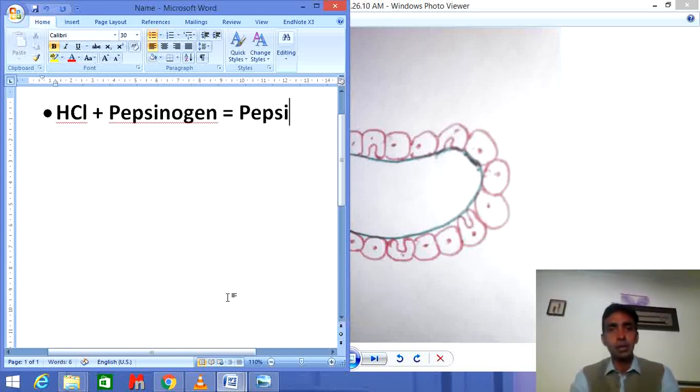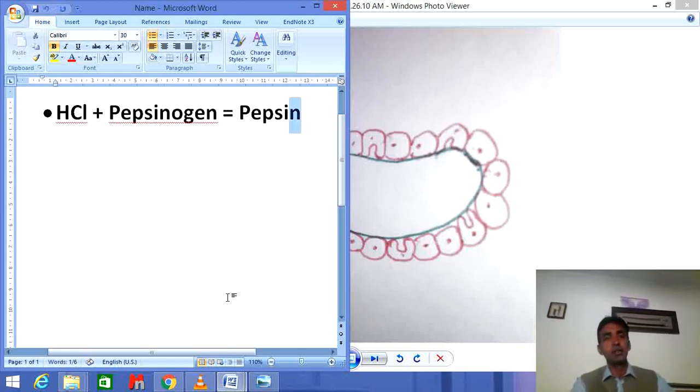Pepsin is the active form of pepsinogen, and this pepsin is responsible for the digestion or breaking down of proteins, polypeptide chains. So the HCl is responsible for the activation of pepsinogen into pepsin.